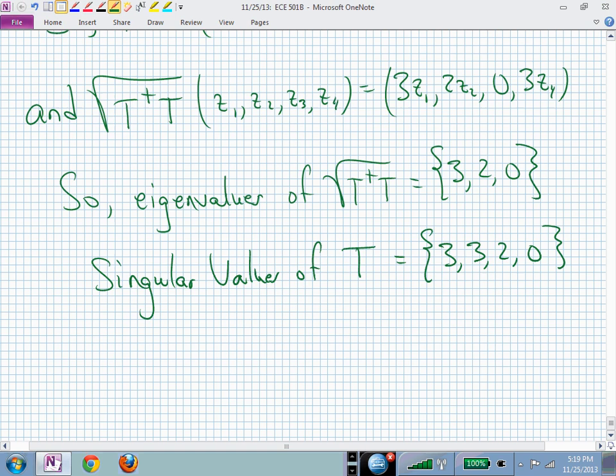And what were the eigenvalues of T? Do you remember? To begin with, -3 and 0. So now we have a scaling of T of 3, 3, 2, and 0 associated with this linear operator. Its eigenvalues started out at -3 and 0.